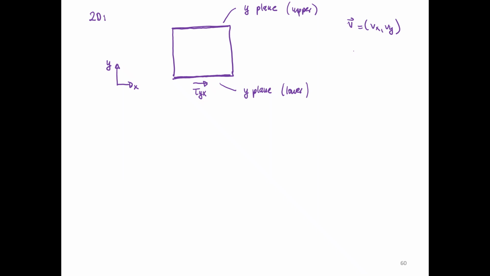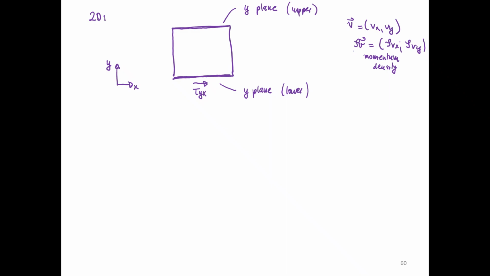Coordinate momentum. I mean, my momentum is rho v. And really, when we are talking about fluids, we are talking about momentum density. Because I don't have a solid object of mass m, I have fluid of density rho.